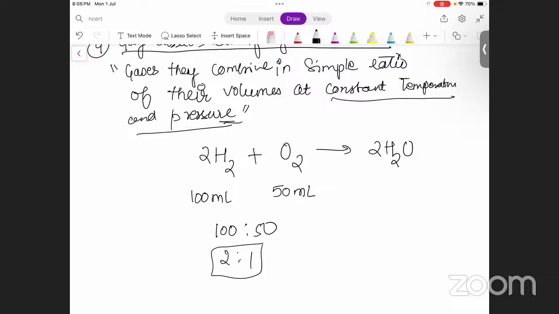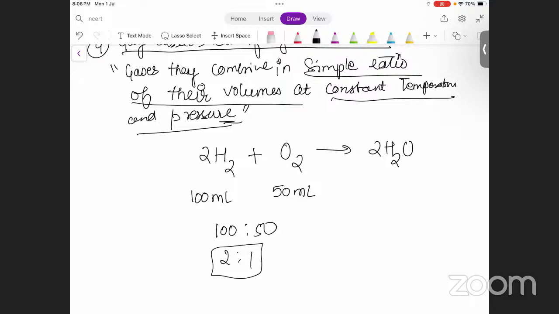So what it is saying is, gases combine in simple ratio of their volumes. Similarly, if I take the volume of hydrogen as 500 ml, then what will be the amount of oxygen required?